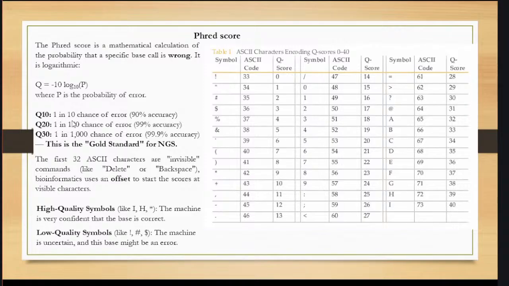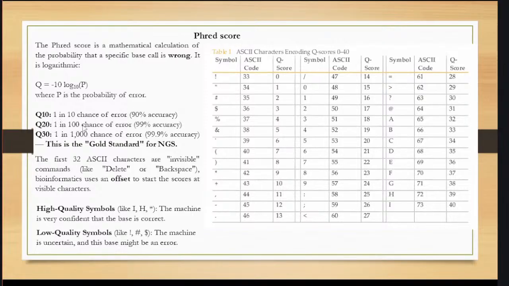So if there is one base call error in a stretch of 10 base calls, it means there is a 10% chance of error. There is 90% accuracy and a 10% chance of one error. So it is written as Q10 means 10% error. Q20 means 20% error. Q30 means 30% error. So to understand this, there is a 1 in 10 chance of error. It's not a 1 in 10 chance.